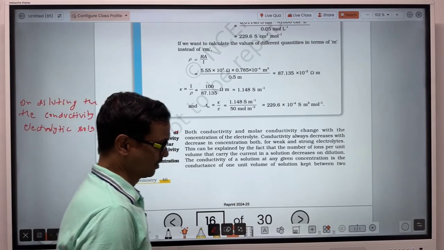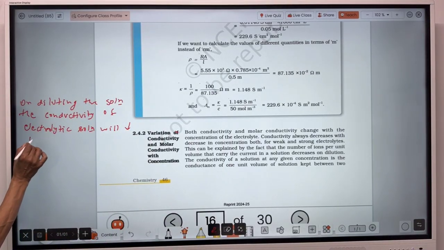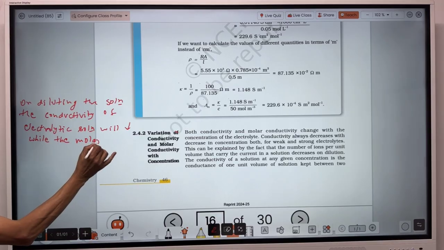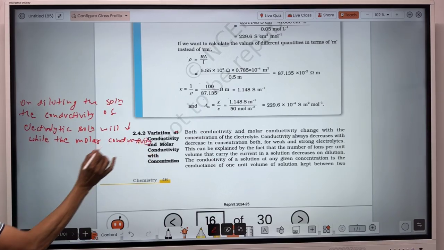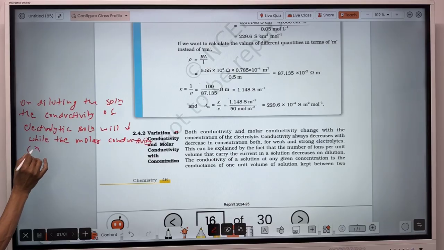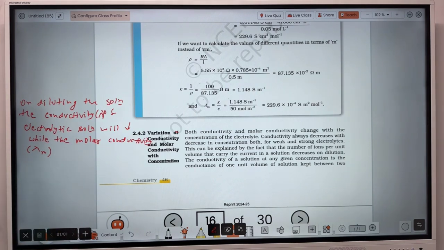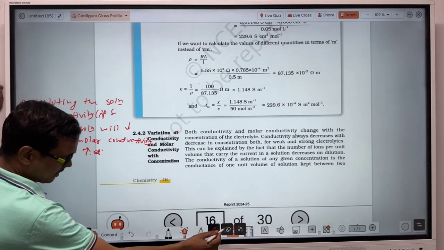Why? Because the number of ions per unit volume will decrease, while the molar conductivity, which can be represented by lambda m, will increase. Here simply conductivity means lambda. So that's the relationship you keep in mind.